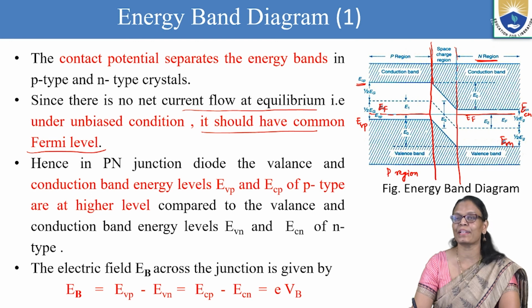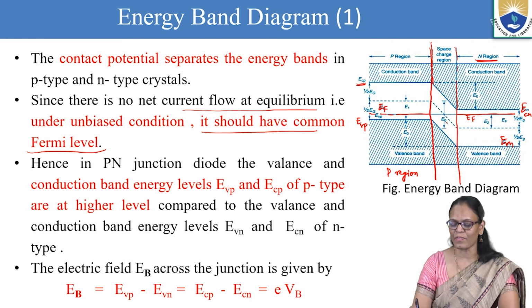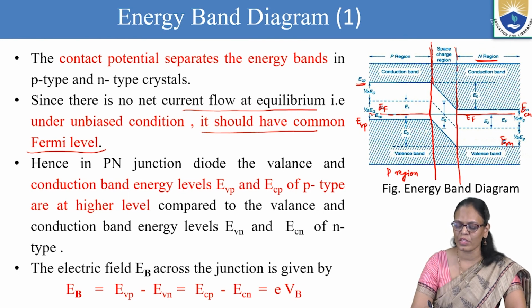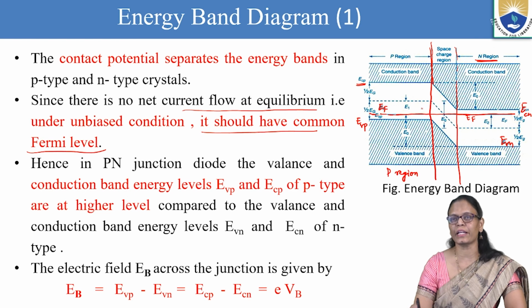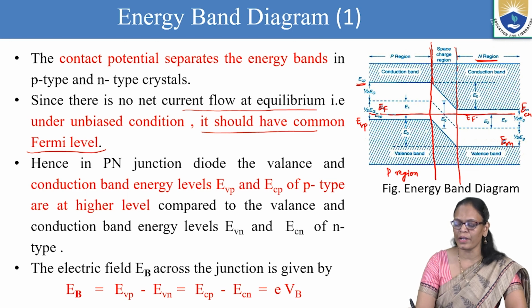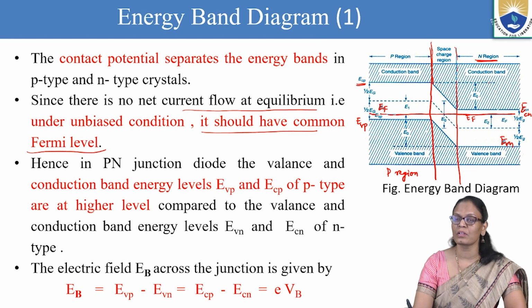This is the Fermi level. But if you see, when it is joined at the junction, the Fermi level is common. If you see separately, the Fermi level lies very close to the valence band in p region, and it lies very close to the conduction band in n region.